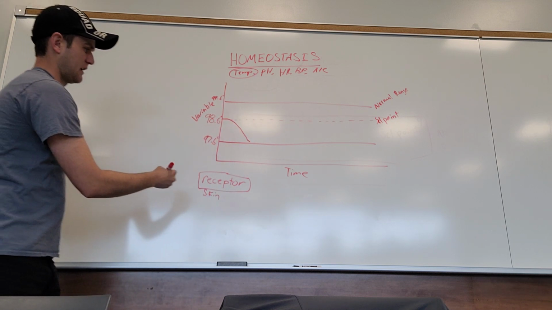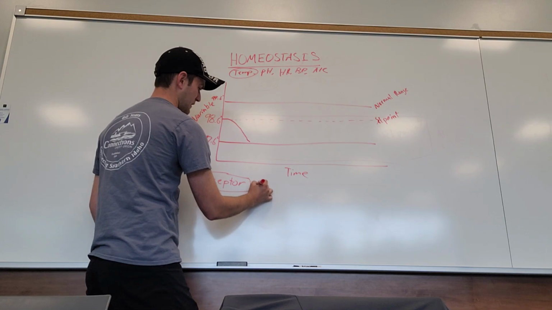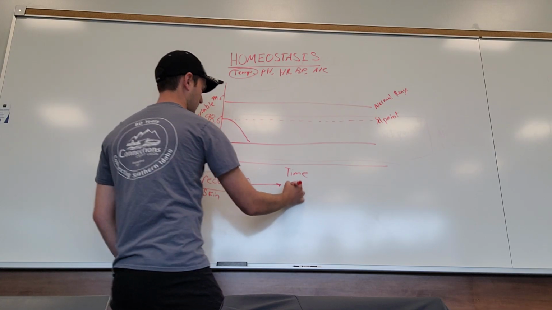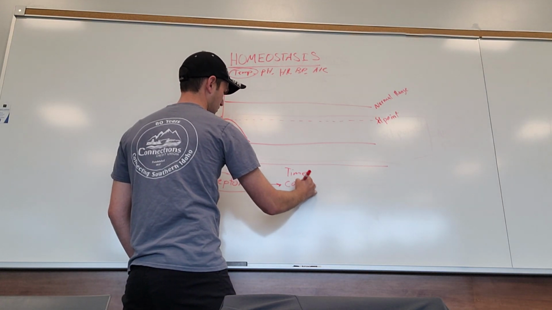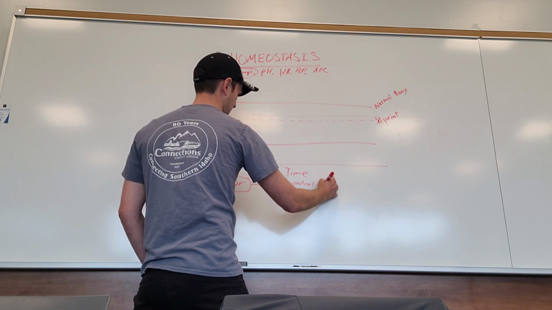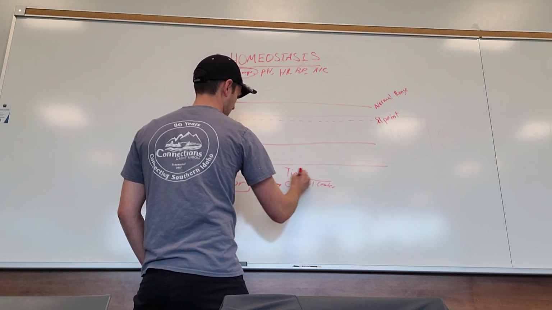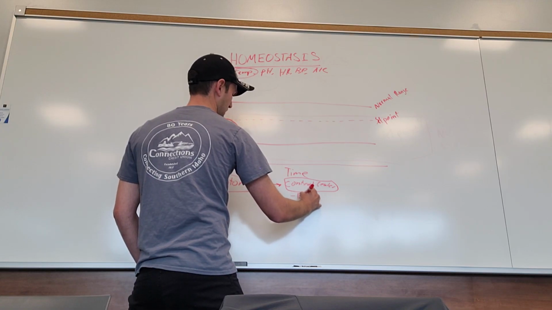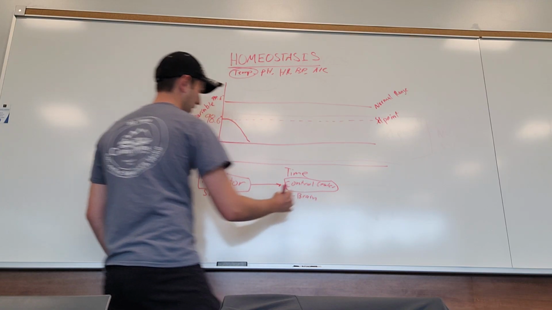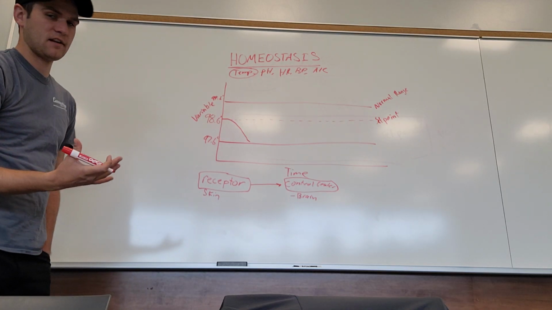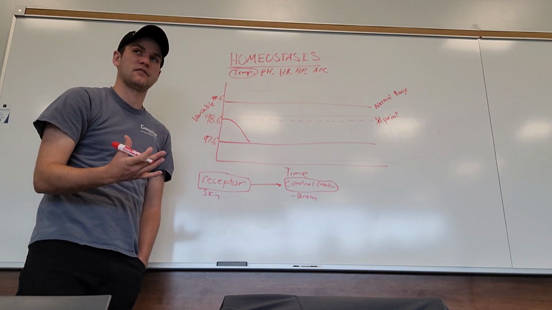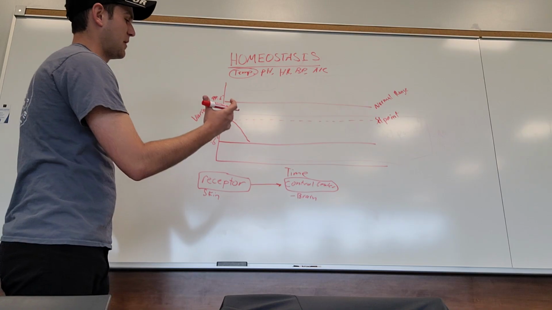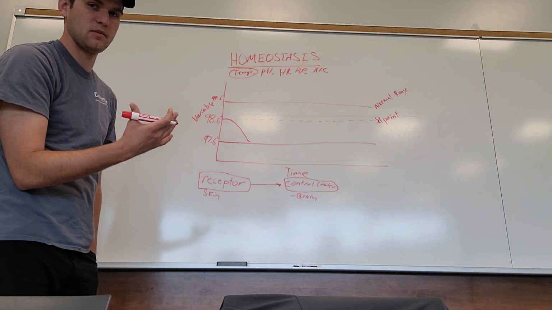So what a receptor is going to do is tell what we call the control center. And our control center is usually the brain. So that's what we're going to use for this example, the brain. What the control center does is determine our set point in the first place. So it has our set point determined, our normal range determined, where it wants to be.